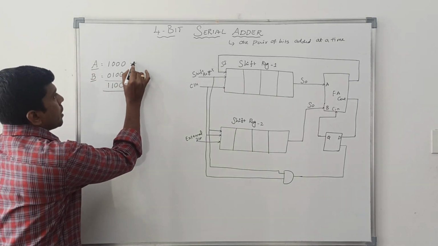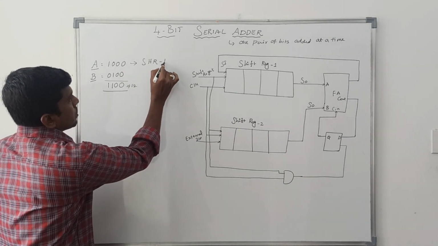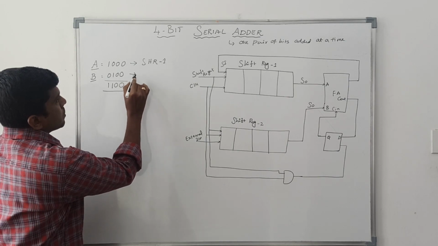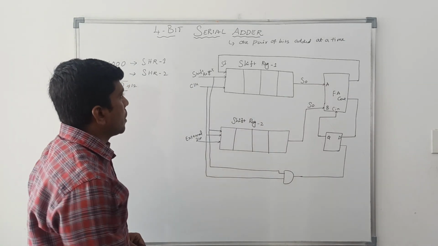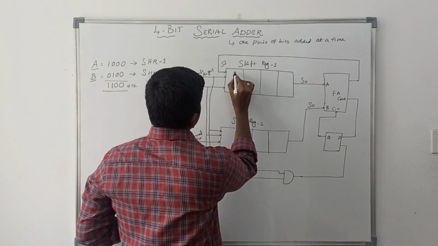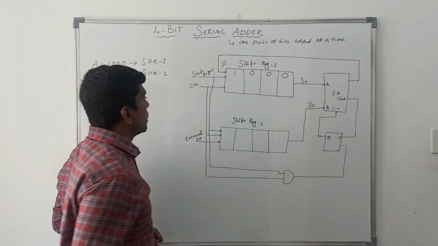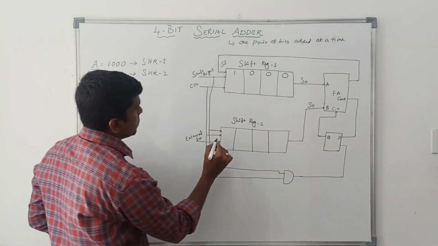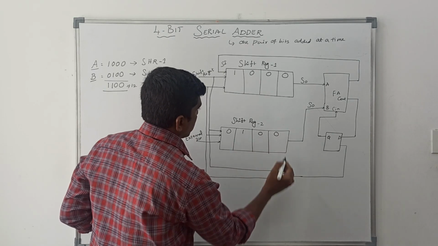This A value is stored in shift register 1 and the B value is stored in shift register 2. So now shift register 1 value is 1 0 0 0 and shift register 2 value is 0 1 0 0.